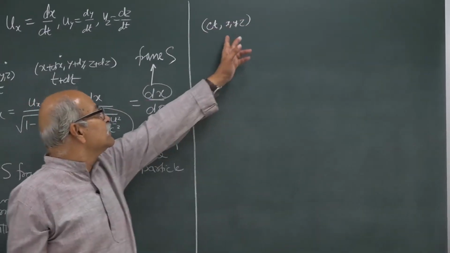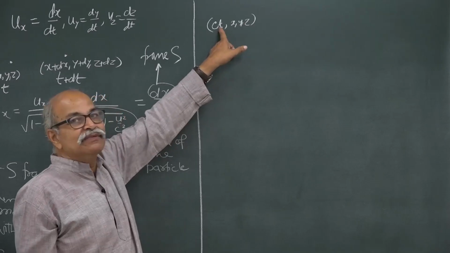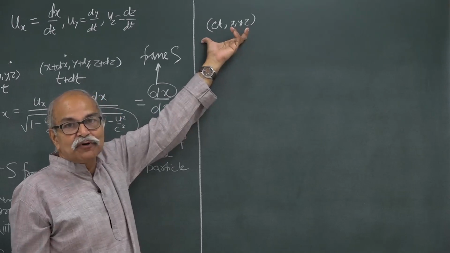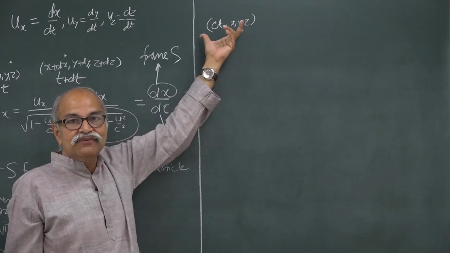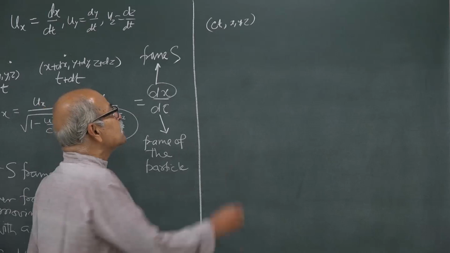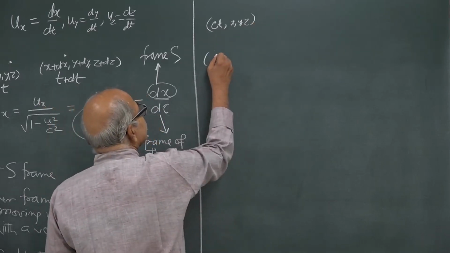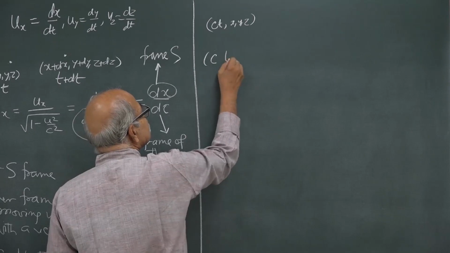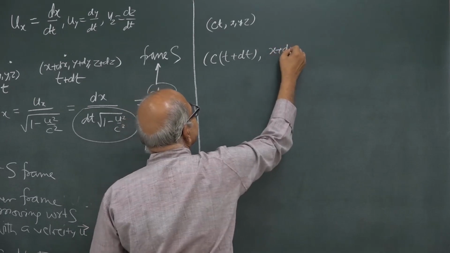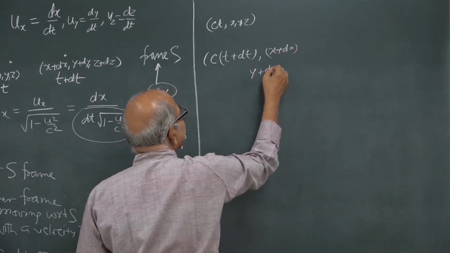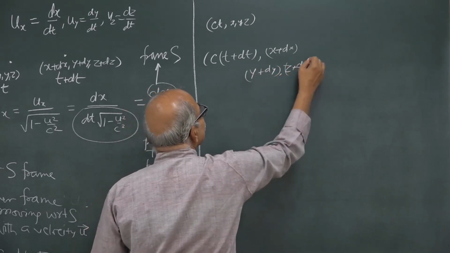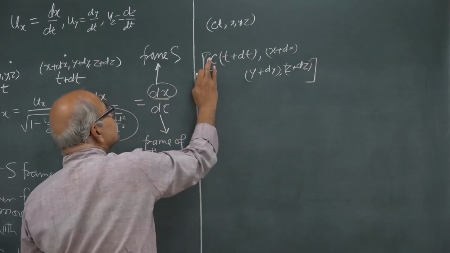If in a frame there is some event at x, y, z at time t, and you write ct, x, y, z, that transforms according to the Lorentz transformation, and we call it the position 4 vector. Then at t plus dt, x becomes x plus dx, y becomes y plus dy, and z becomes z plus dz. This is also a 4 vector.